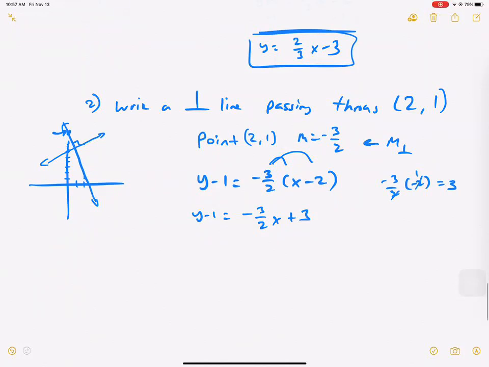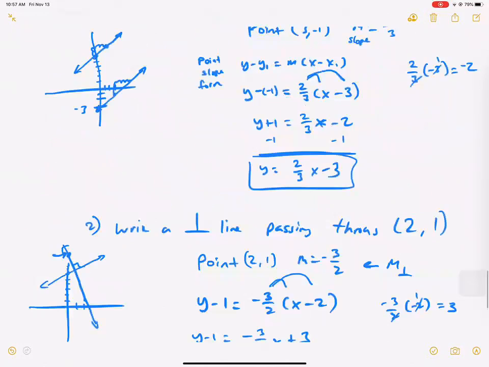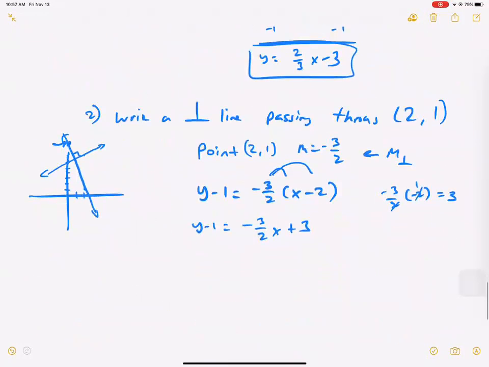That's kind of weird. This looks nothing like what I was expecting. Why is that? I'm going to add 1 to both sides. Oh, I see why. Okay. Y is equal to negative 3 over 2x plus 4.